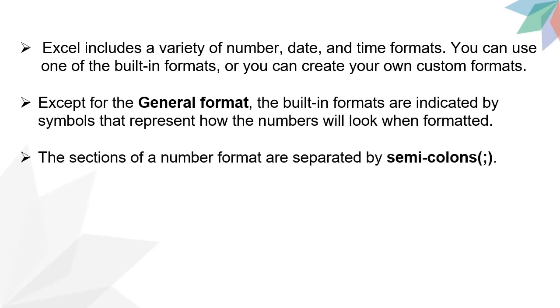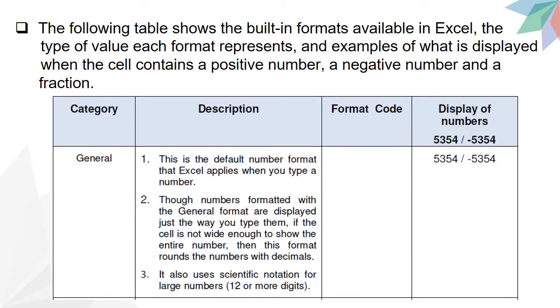The sections of a number format are separated by semicolons. The following table shows the built-in formats available in Excel, the type of value each format represents, and an example of what is displayed when the cell contains a positive number, a negative number, and a fraction.